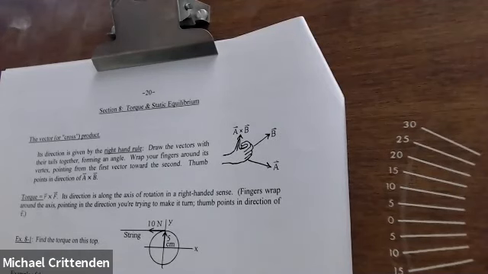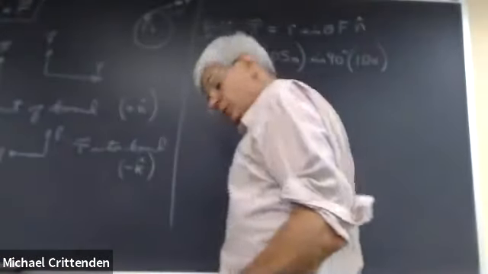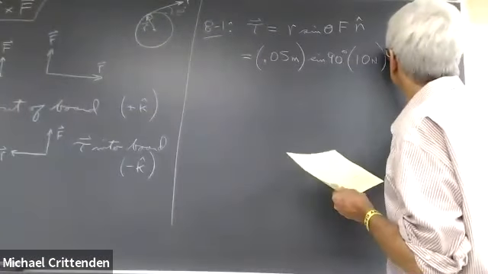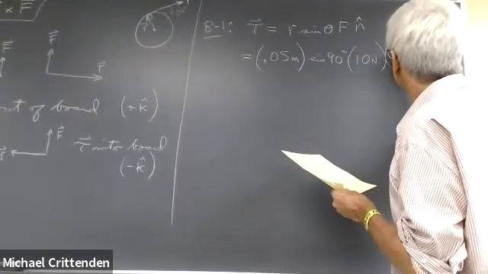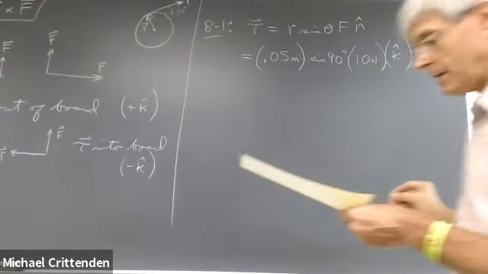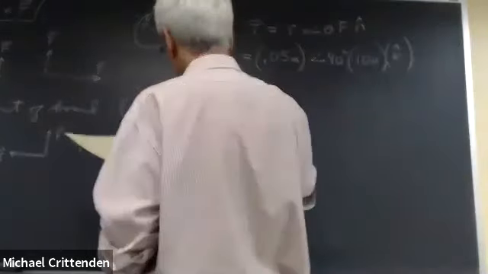Or you could just stick with the counterclockwise is positive, clockwise is negative thing. Positive z direction, negative z direction. Anyhow, one way or another, that unit normal vector is k. And you multiply it all together.